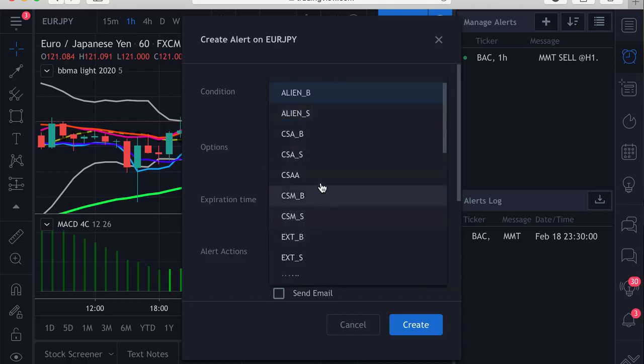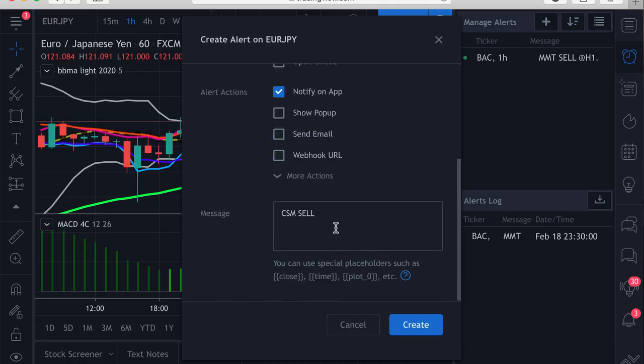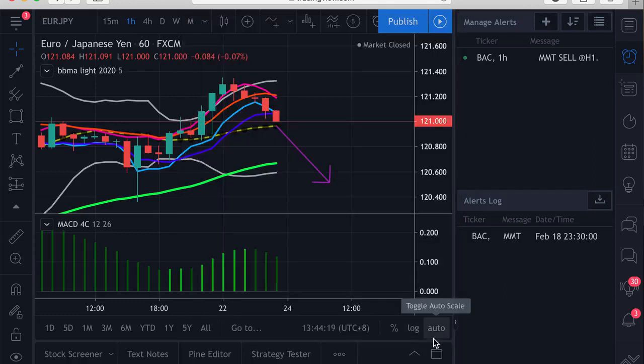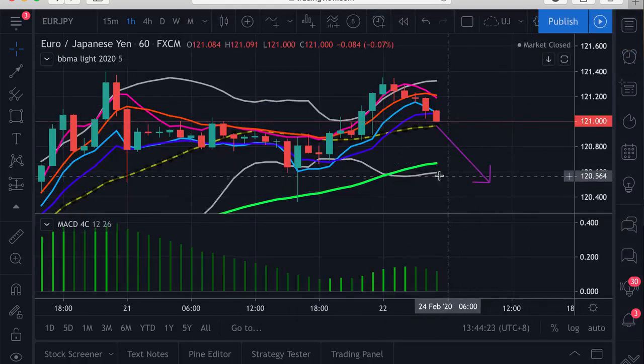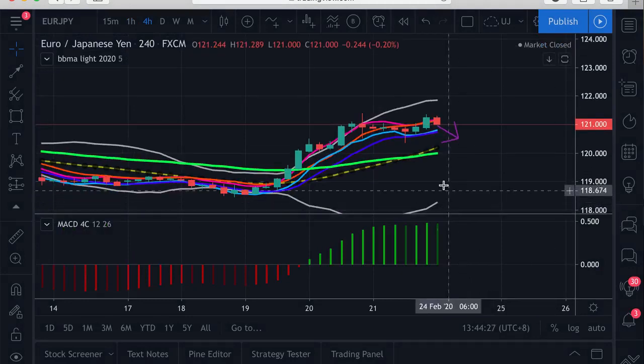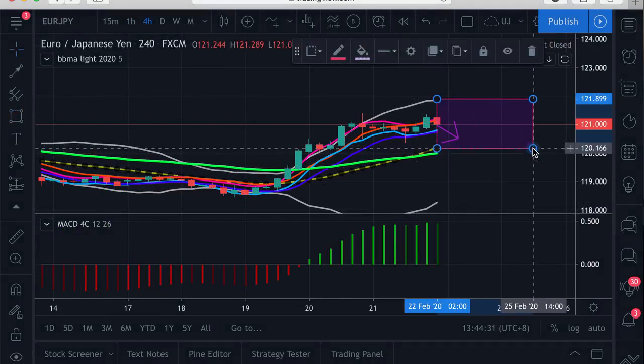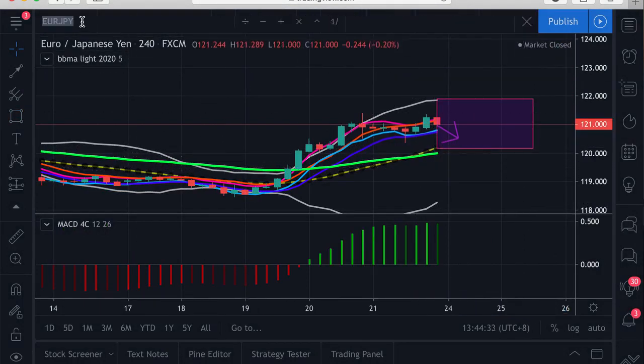What we're going to look for is CSM sell when candle closes, and we put a note: CSM sell at H1. Then we put check EMA 50. So we set an alert for ourselves to wait for EURJPY CSM sell to happen, so that we can enter at this zone in H4. Okay, that is for EURJPY.